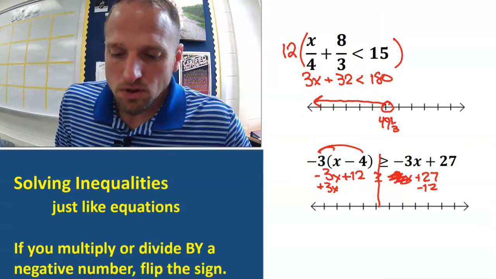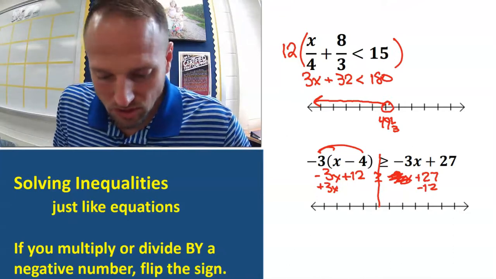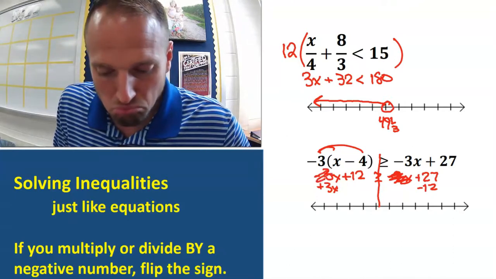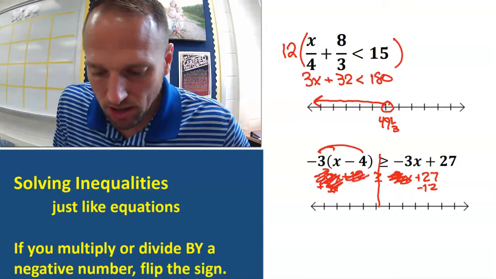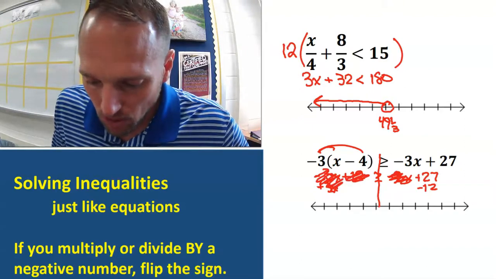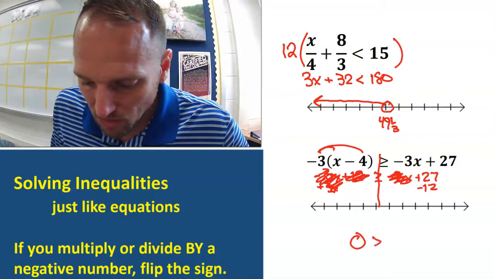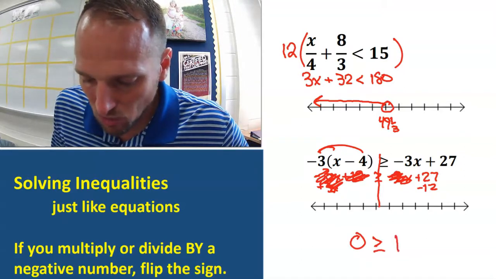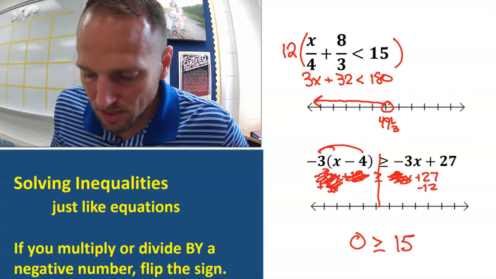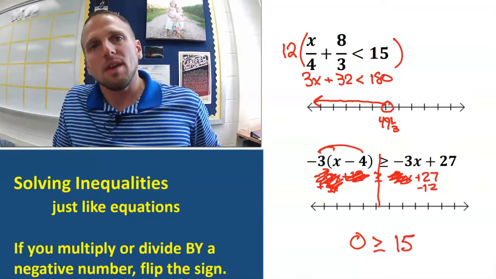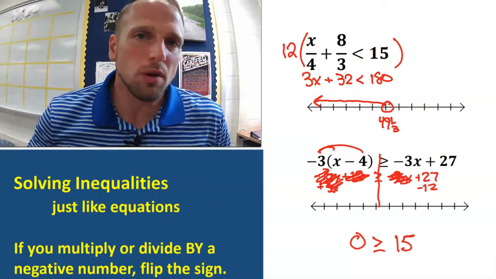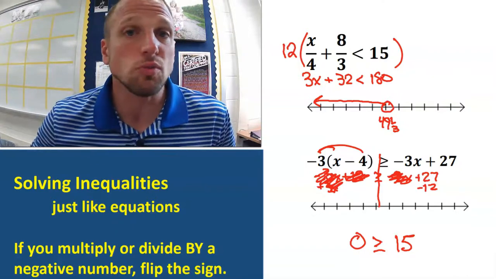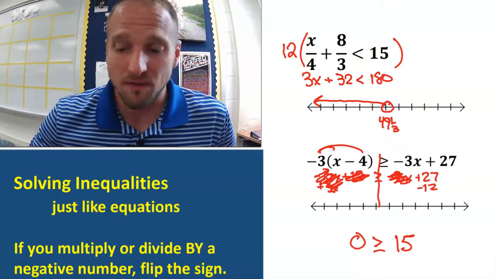Well, negative 3x plus 3x is just 0. It's eliminated, it's just gone. That 12 we'd already moved over there. So on the left side, we've just got 0 is greater than or equal to 27 minus 12 is 15. Okay, now, if this were an equation, we would immediately say there's no solutions because 0 is never equal to 15.